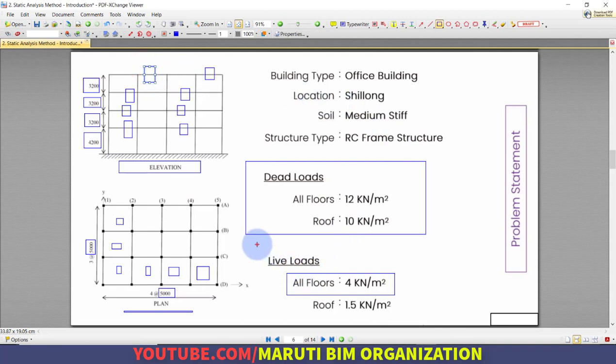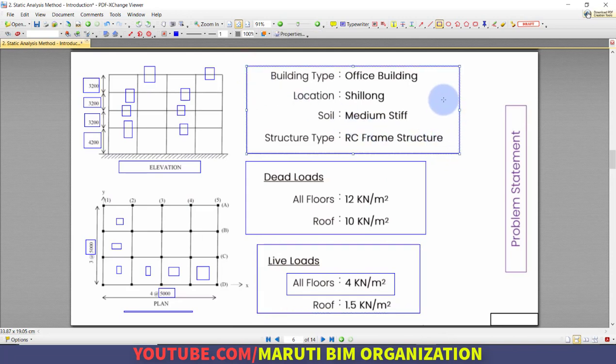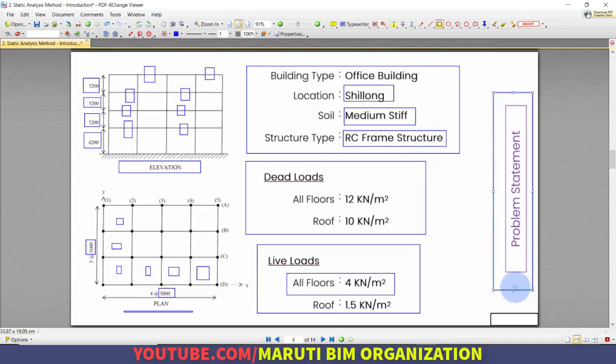So this is the loading criteria that we are going to take, and this is the building type, that is office building type. Location is Shillong. Then after medium stiff soil that we are using, and RC frame structure that we are going to use. So this is the problem statement that we are going to discuss.